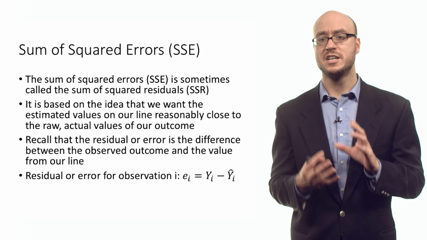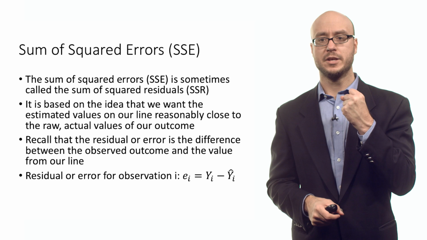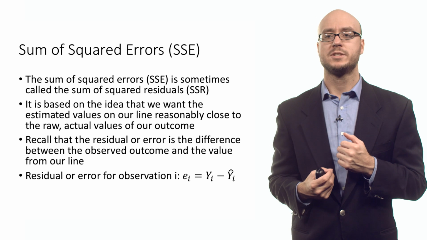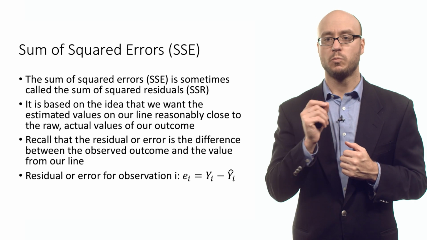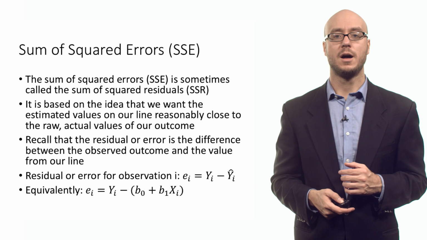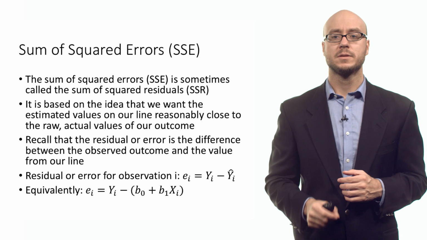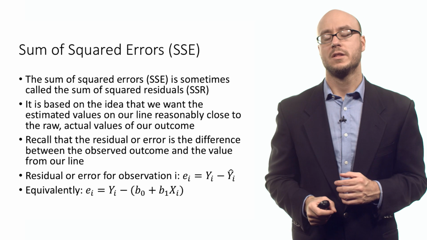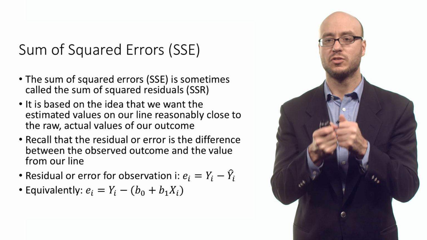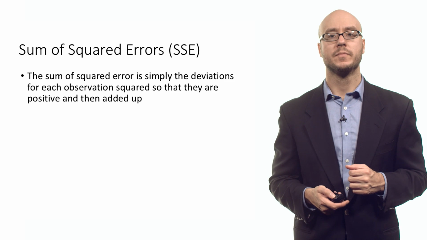So the residual error for each observation, for each row of our data set, is our raw value minus the fitted or predicted value. So it's y minus y hat. That is the residual error for each observation. And that y hat is based on the intercept plus the slope times the raw value of x. That's where we get the fitted or predicted value of our outcome.